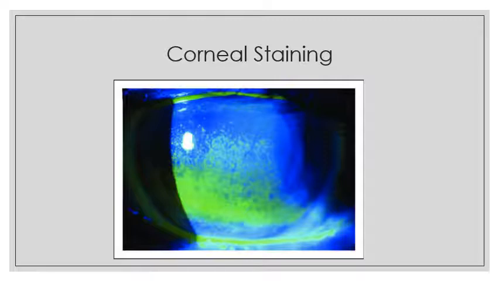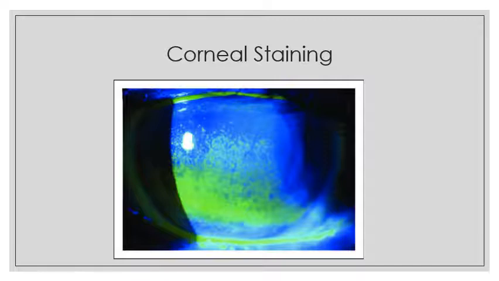How to stain the cornea? Use fluorescein strips or fluorescein drops. Apply it to the conjunctiva, just 1 or 2 drops.